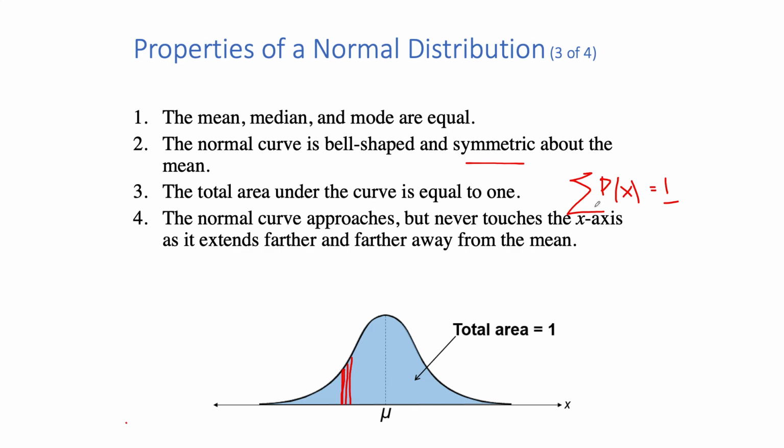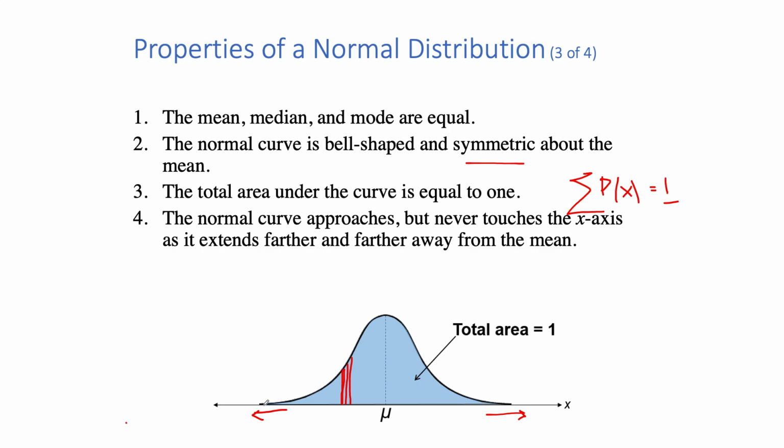The next key feature of a normal distribution is that on either side, it gets closer and closer to the axis. It gets really close to the axis without ever touching it. As I go further and further away from the mean, it's as if I start from this summit and start walking down this gentle slope.